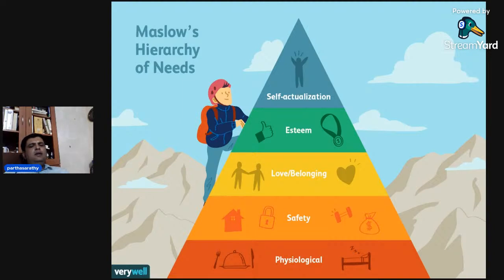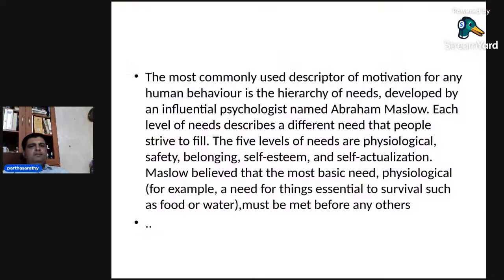See, if the physiological needs are not satisfied, then thinking about esteem and self-actualization needs is meaningless. So it is very important that we satisfy the physiological needs first, then safety, then love and belongingness, then esteem. Only then can we climb up the ladder to the next need.